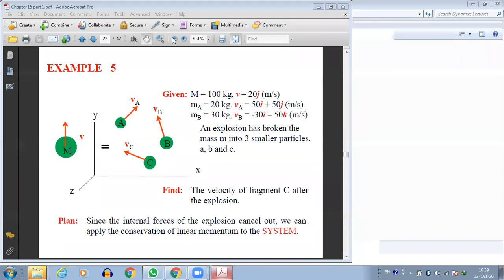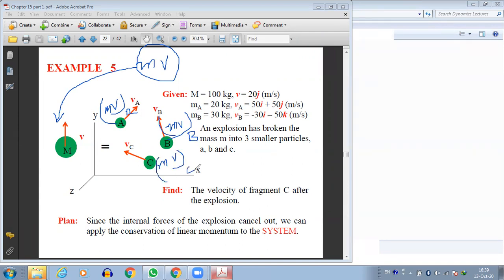So the thing is that there's a conservation of momentum. What was the initial momentum? It will be the same as the final momentum. Initial momentum was m times v for this object. Final momentum will be mv for A, then mv for B, then mv for C. But this A, B, and C came out from this main object.